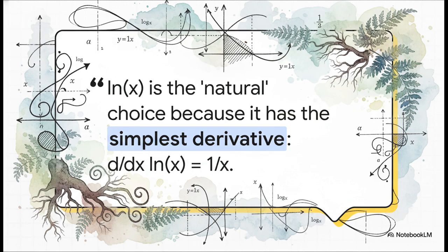When you get to calculus and you start learning about rates of change, or derivatives, you'll find that the derivative of ln x is the beautifully simple function 1 divided by x. Any other base gives you a much uglier, more complicated formula. It's because of that elegance and simplicity that the natural log becomes the go-to for pretty much all of higher-level math. So what might seem a bit strange right now is actually setting you up to make your life way, way easier in the future.